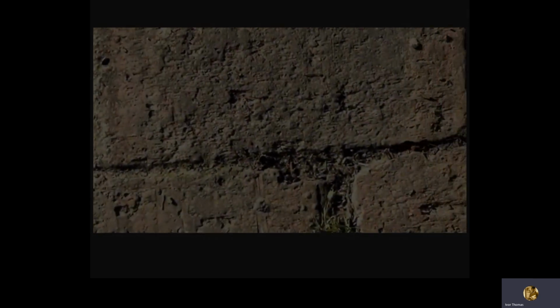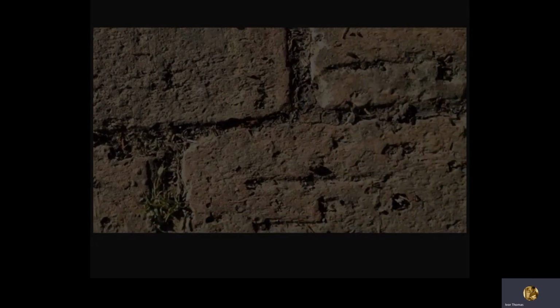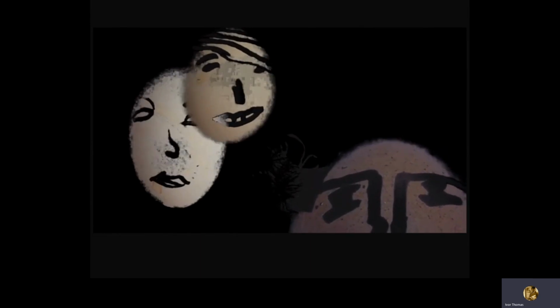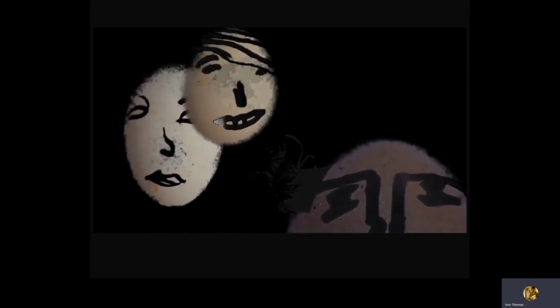Now o'er the one half-world nature seems dead, and wicked dreams abuse the curtained sleep. Witchcraft celebrates pale Hecate's offerings, and withered murder, alarumed by his sentinel, the wolf, whose howl's his watch, thus with his stealthy pace, with Tarquin's ravishing strides, towards his design moves like a ghost.